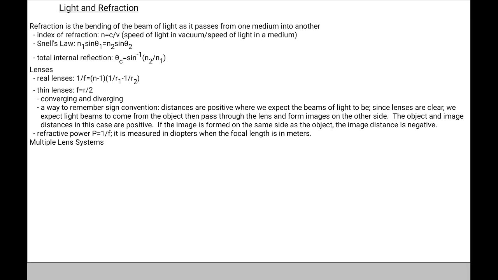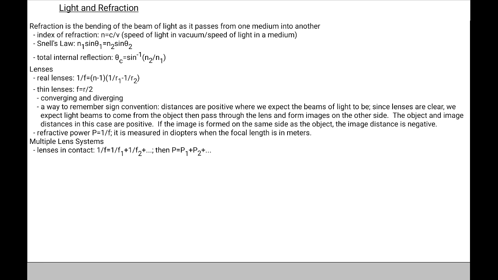Now, if we have multiple lenses, we can attain that either by literally bunching up several different lenses, or we can have a lens here and another lens over here. So we have 2 different situations for lenses. The first one is touching, the second one is not touching.